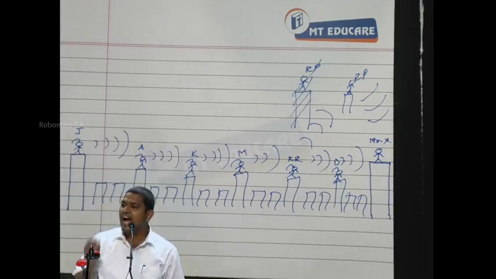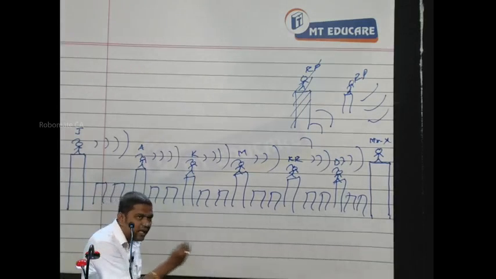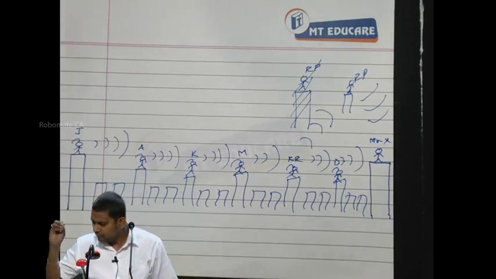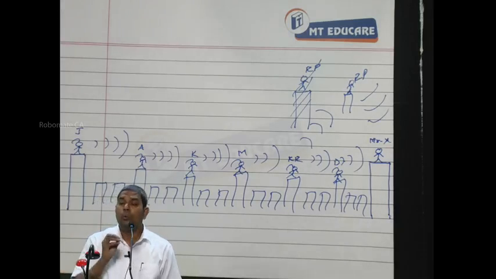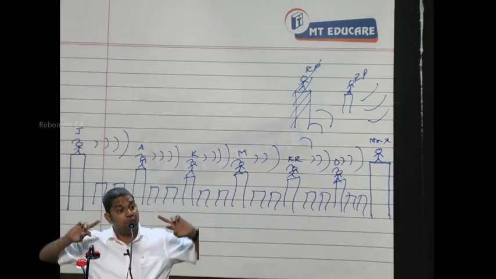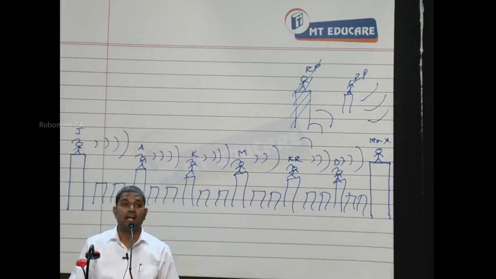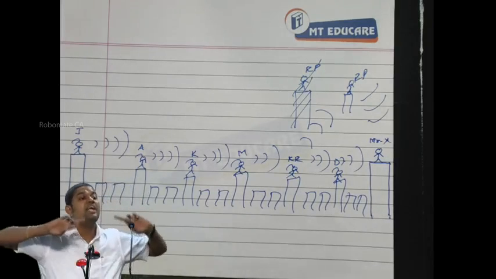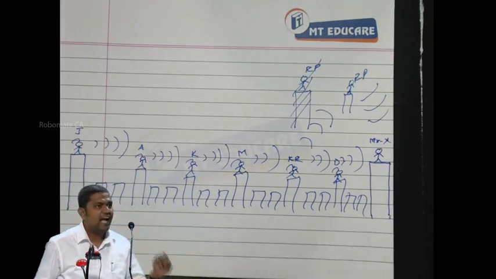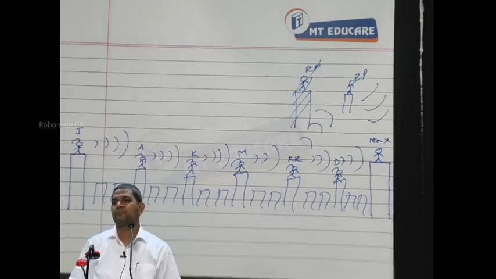So a switch is that particular hardware component in telecommunication which will help two nodes of two different networks connect with each other. That is the difference. A hub will connect two nodes of the same network, but a switch will connect two nodes of two different networks. That is a switch.